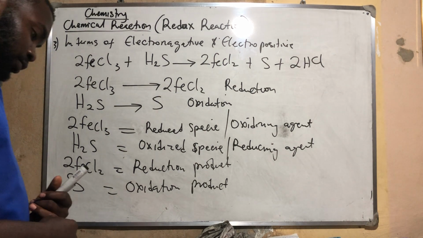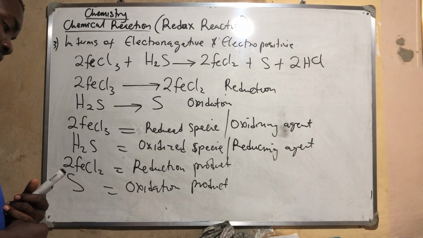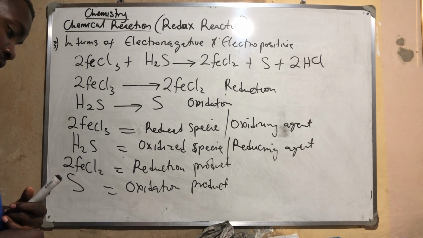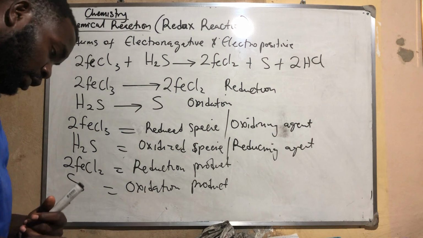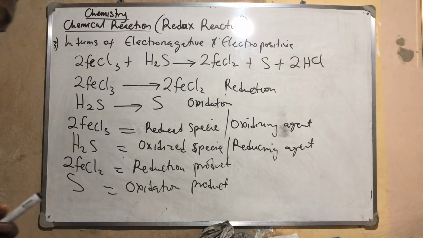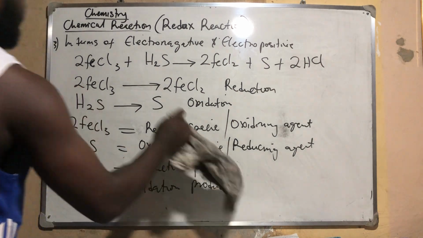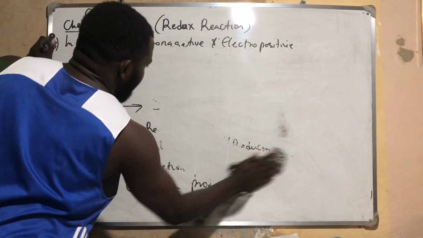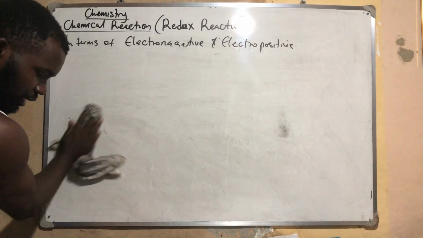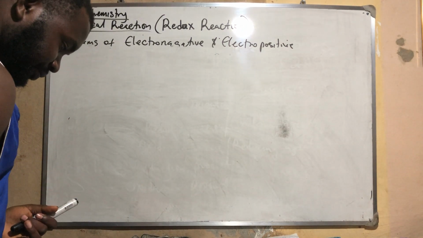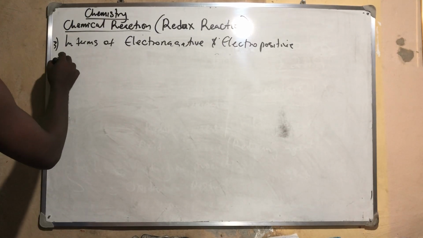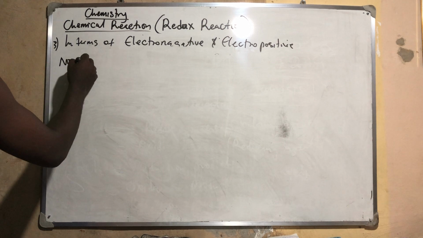To recognize oxidizing and reducing agent in the reaction above, in this type of reaction, one needs to study or know electronegativity and electropositivity. So let me show you about electronegativity and electropositivity. Now for elements, let me talk about non-metals first.